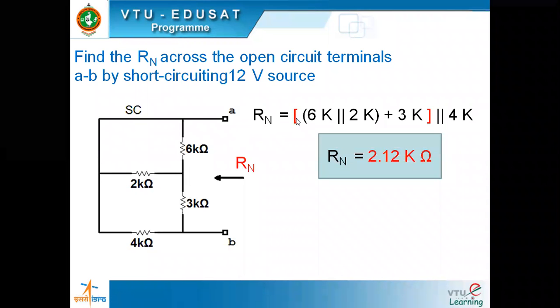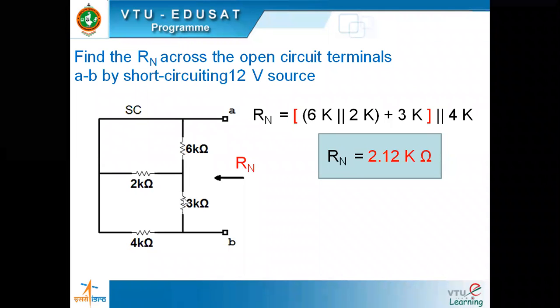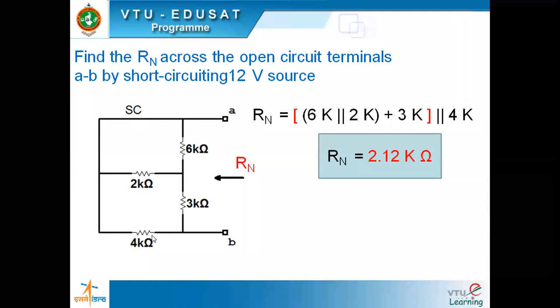So 6k and 2k in parallel. Once that parallel combination is done, you'll have the series combination, and this whole stuff would come in parallel again with this. So you can go step by step. First, combine these two parallel combinations.